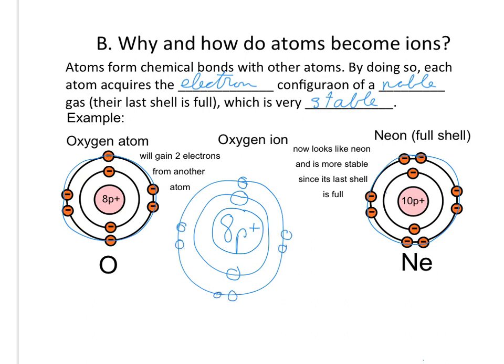Now we're going to add 2 more this way, and we're going to show that these 2 came from somewhere else. So these had to come from other atoms. But at this point, if you look at the last shell for oxygen, it is full just like neon, which makes oxygen more stable, and that's what it's trying to do.